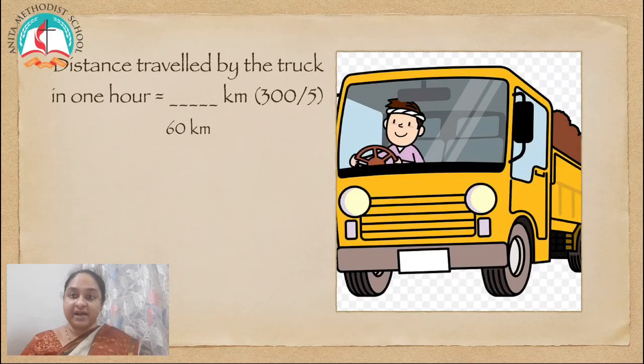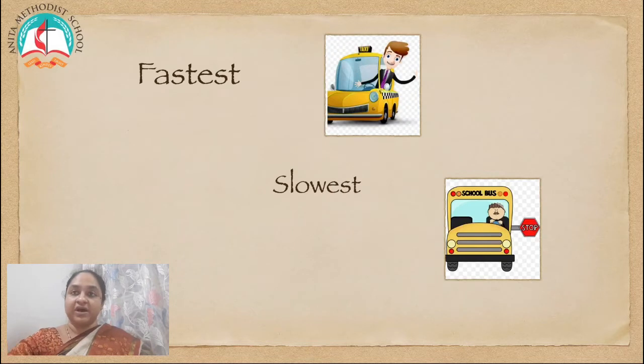And distance traveled by the truck in 1 hour is 300 kilometers by 5 hours, which is equal to 60 kilometers. So now, do we know which is the fastest? Yes, the car is the fastest, and the slowest is the bus.